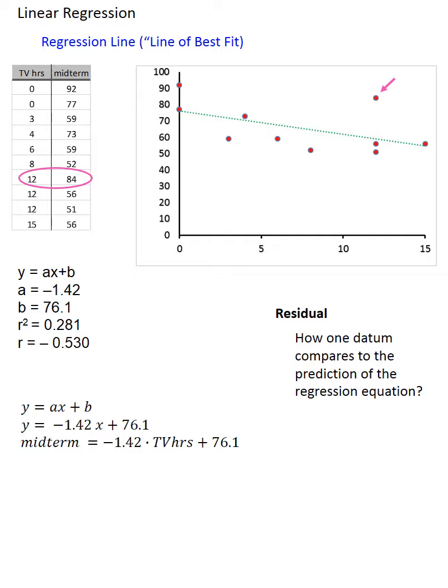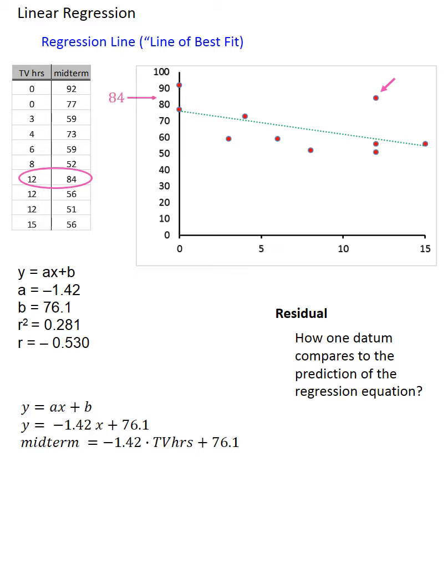And I don't mean compared to the two other people who spent 12 hours watching TV. I mean, how did they compare in relation to all the people in the population, including the ones we don't know but we're making predictions about, who spent 12 hours watching TV?